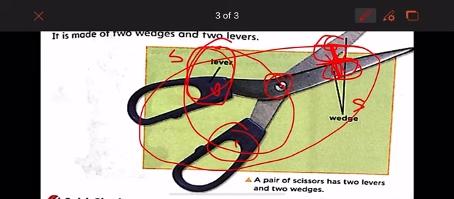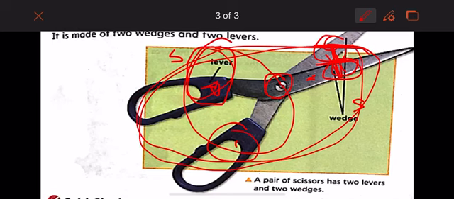This part right here is called the fulcrum. It holds the wedge and the lever together. So this is all called a compound machine. What is a compound machine? A compound machine is two or more simple machines put together.